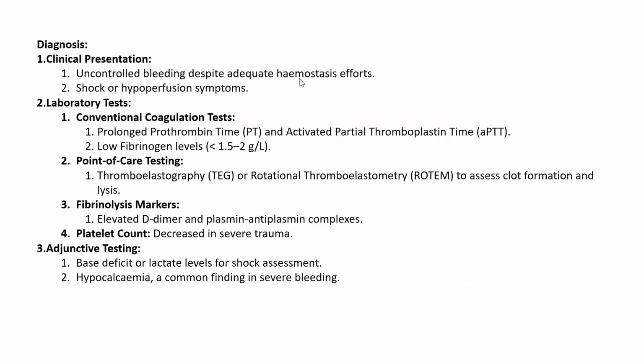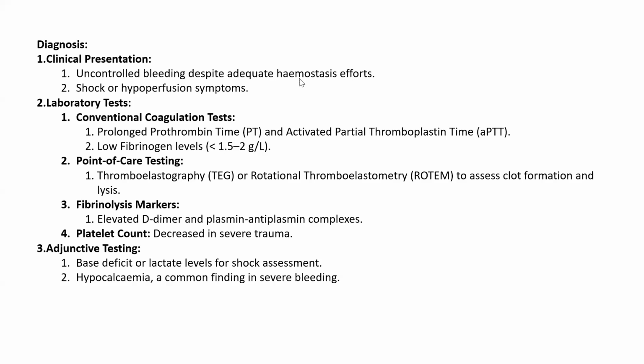Coming to how to diagnose a patient with trauma-induced coagulopathy. In the clinical presentation, uncontrolled bleeding despite adequate hemostasis should give us a heads up that this patient can develop trauma-induced coagulopathy. If there is a presence of shock and hypothermia with end organ damage, probably the patient will develop trauma-induced coagulopathy. The routine investigations are your conventional laboratory investigations like PT, aPTT, INR, and fibrinogen.